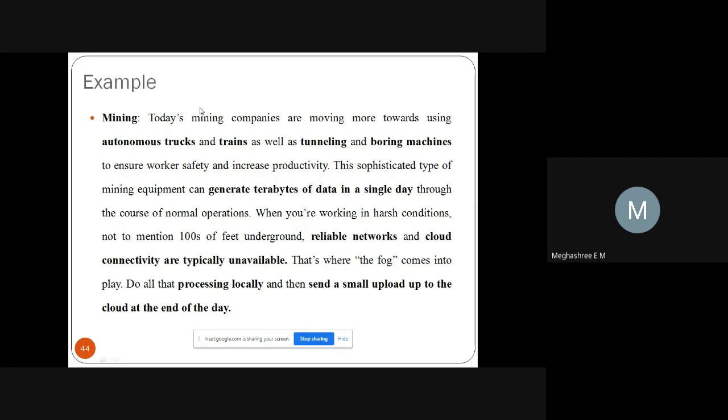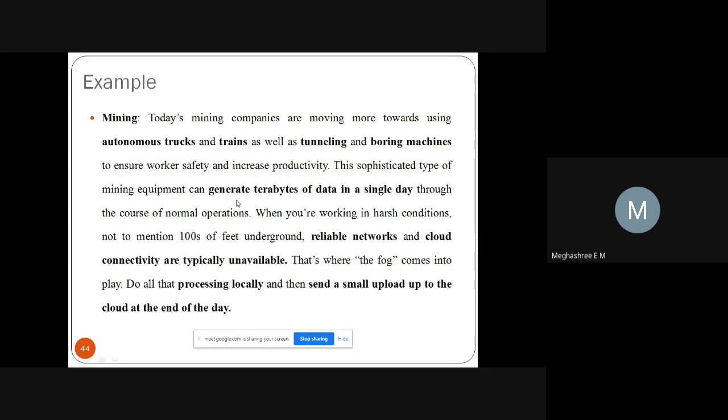Say there are many mining companies in our country. If it is connected to IoT, then autonomous trucks and trains will be used to transport the material that has been collected, and also tunneling and boring machines to increase safety as well as productivity.